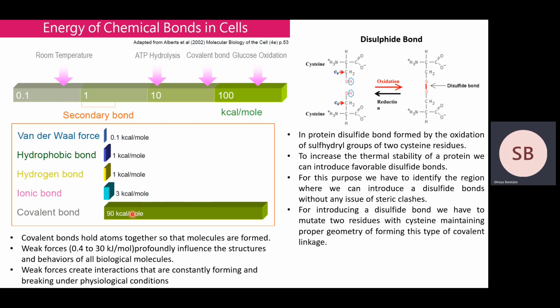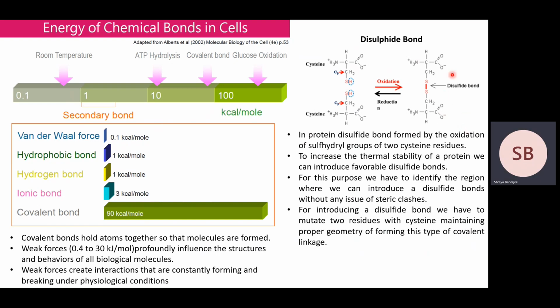The weak forces, that is the forces other than the covalent bond, are constantly forming and breaking under physiological conditions, and they influence the structure and behavior of all biological molecules. There is another kind of force called the disulfide bond, where basically 2 cysteines come together and they lose 1 hydrogen each, and a single bond forms between the 2 sulfurs, called the disulfide bond.